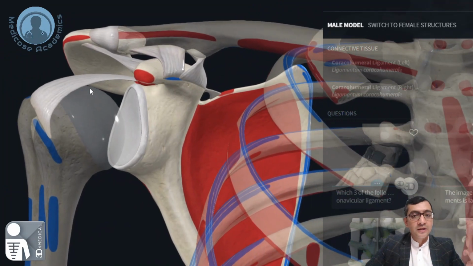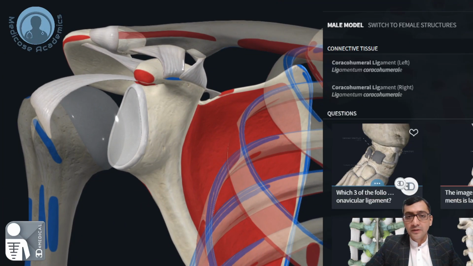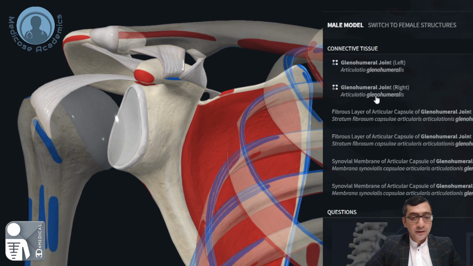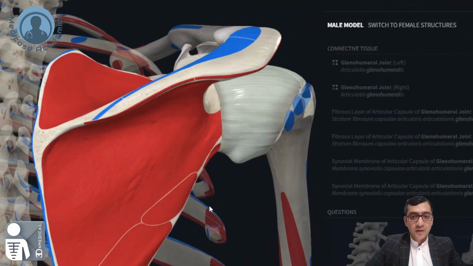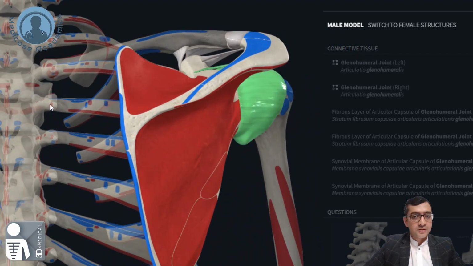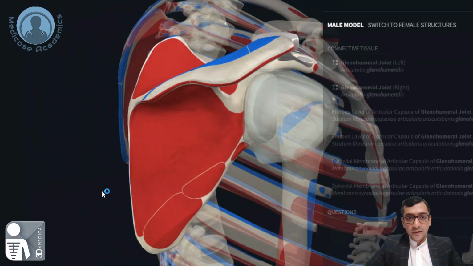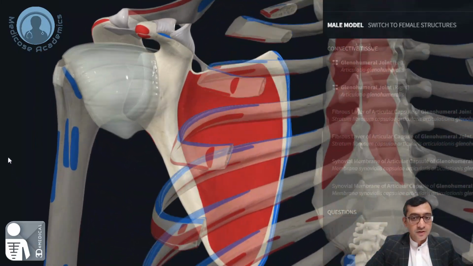And that leaves us with the capsule of the shoulder joint, that is also known as the glenohumeral joint. To the scapula, it will be attached just behind the glenoid labrum. It will be attached all the way in a circular fashion.